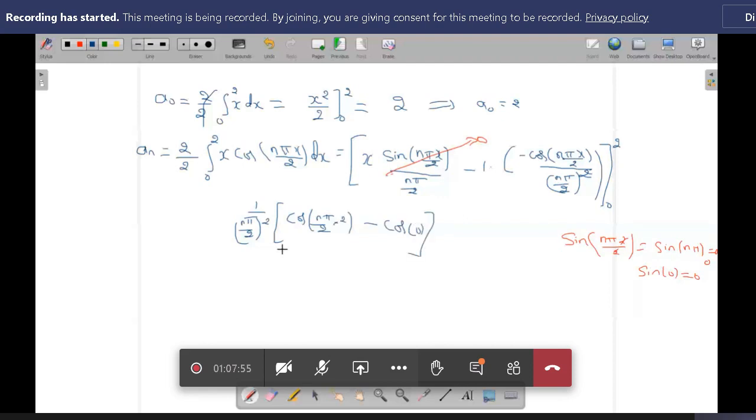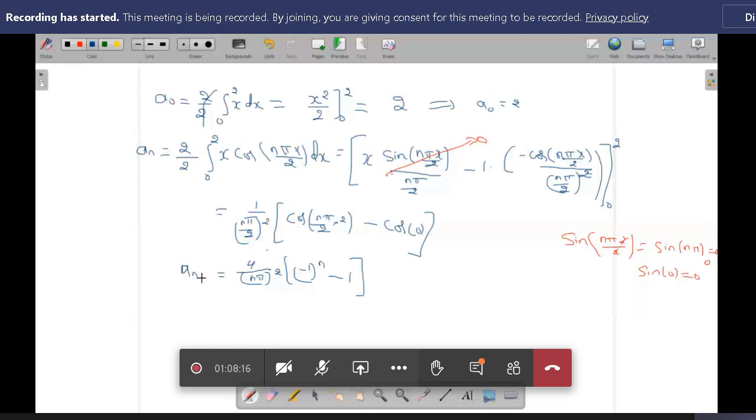So it is 1 by 2 square is 4 divided by n pi whole square into minus 1 power n minus 1, since cos 0 is 1. So this is an.